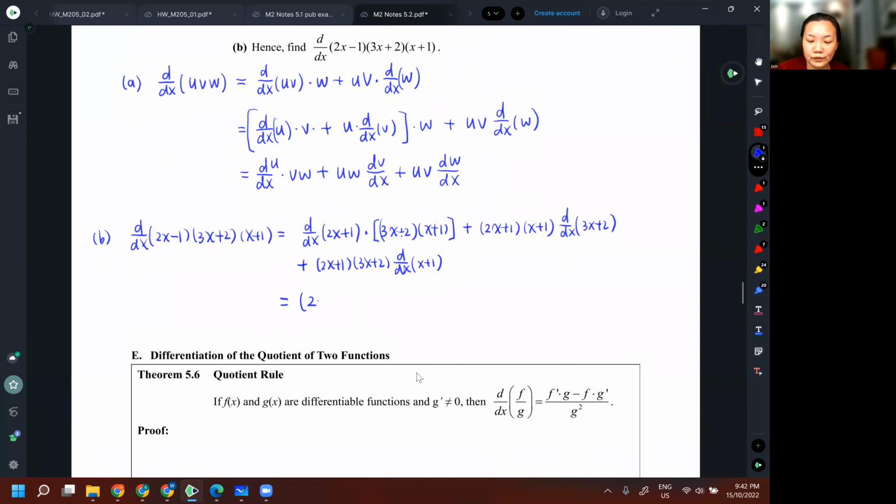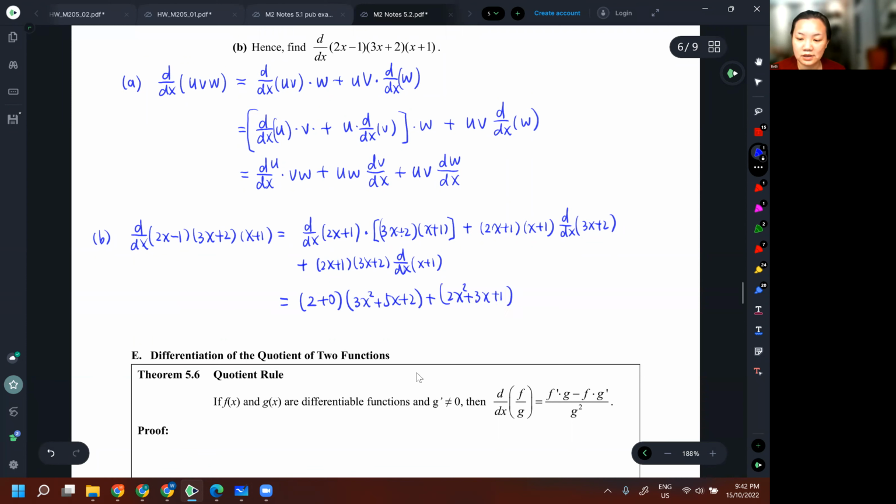So it's 2 plus 0. And then this one you need to expand 3x squared plus 3 plus 6x plus 2, or 5x plus 2. And for the second one, this is 2x squared plus 3x plus 1 times 3 plus 0.